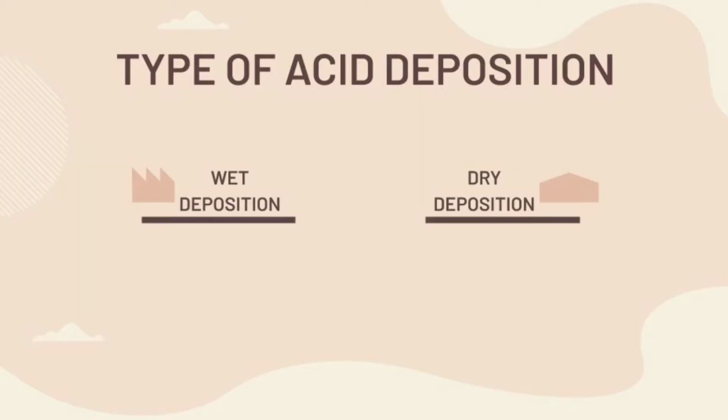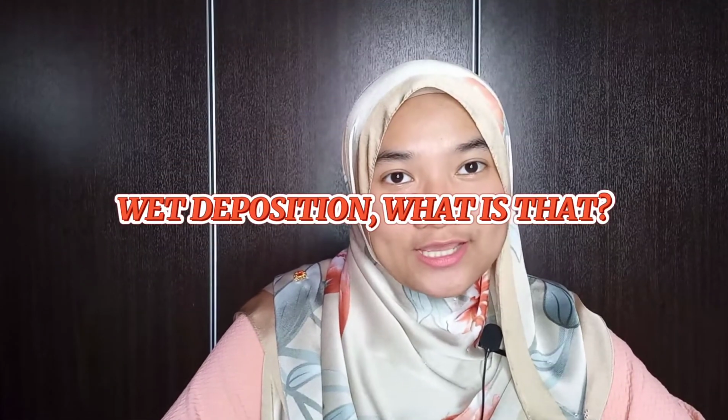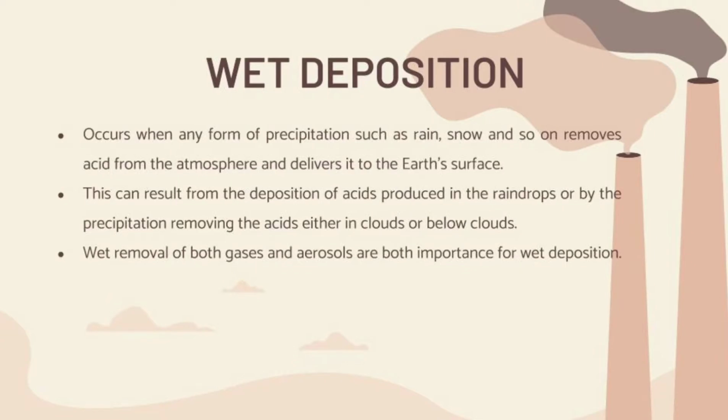So now let's move on to acid deposition. There are two types of acid deposition. The first one is wet deposition and the second one is dry deposition. So what is wet deposition? Wet deposition of acids will occur when any form of precipitation such as rain, snow, and so on removes acid from the atmosphere and delivers it to the Earth's surface.